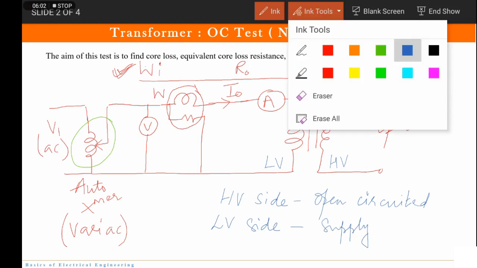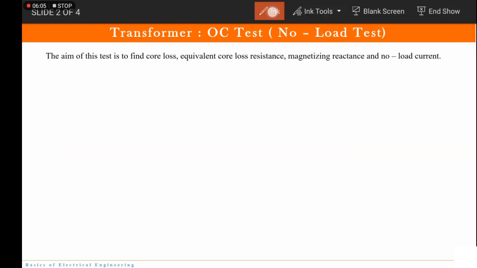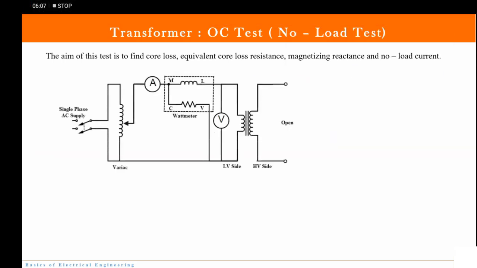Now I'll erase this, and see, this is how the circuit looks like. Both are the same circuits. Here the high voltage winding or side is open circuited, then supply is given to the low voltage side, that is LV side. Wattmeter, voltmeter and ammeter are connected in the low voltage winding or the primary winding.